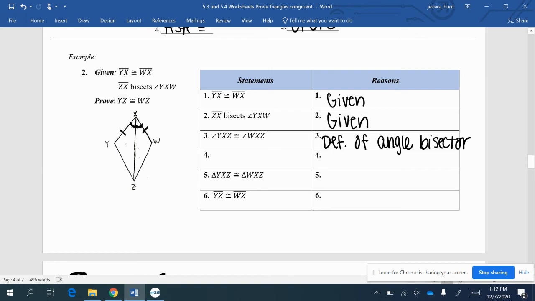Next one here, classic, they're sharing a side. So they're sharing side XZ. So then I'm going to say that segment XZ is congruent to itself through the reflexive property.